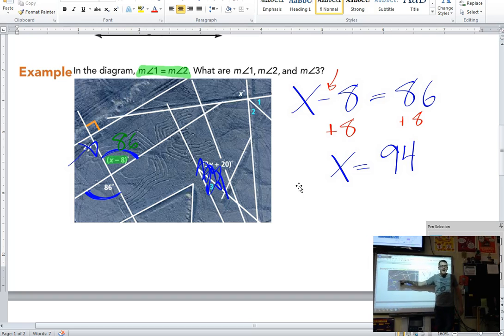But what we're saying is x, the variable involved there, minus 8 will make 86. So don't let your brain say that angle is 94. X, the unknown, is 94, and where we take that to use it is right here, because that's where it's just angle x. Over here, it's not angle x, it's x minus 8.